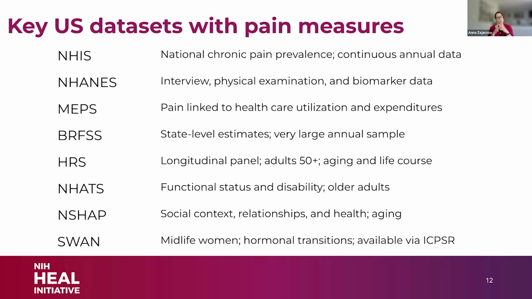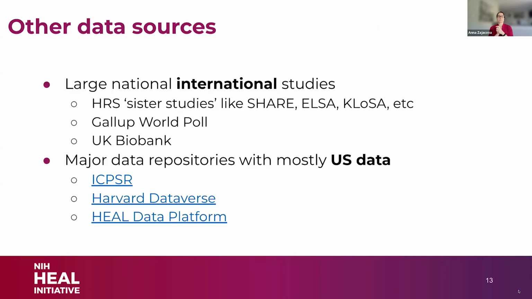Most are repeated cross-sections, so a respondent is only observed once, but many are longitudinal, which is really valuable, such as the HRS, about the middle of the slide, that's the Health and Retirement Study, which has a couple of questions on pain and has been following people for, by now, several decades. And there are sort of others. So the point is, there are these data sets that are worth exploring. Next slide, please.